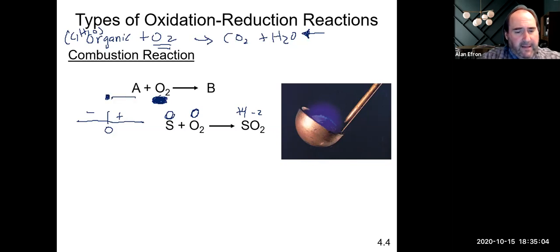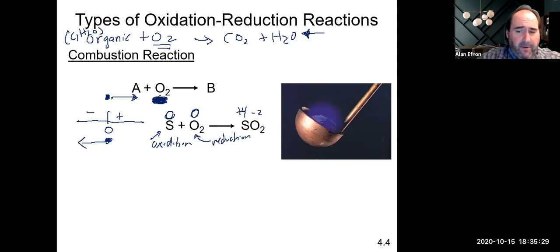And we're adding that +4, which is going to the right. So that is going through oxidation. Oxygen is starting at 0 and ending at -2, which is going to the left. Means it's going through reduction. So this is a combustion reaction. It's also a redox reaction.